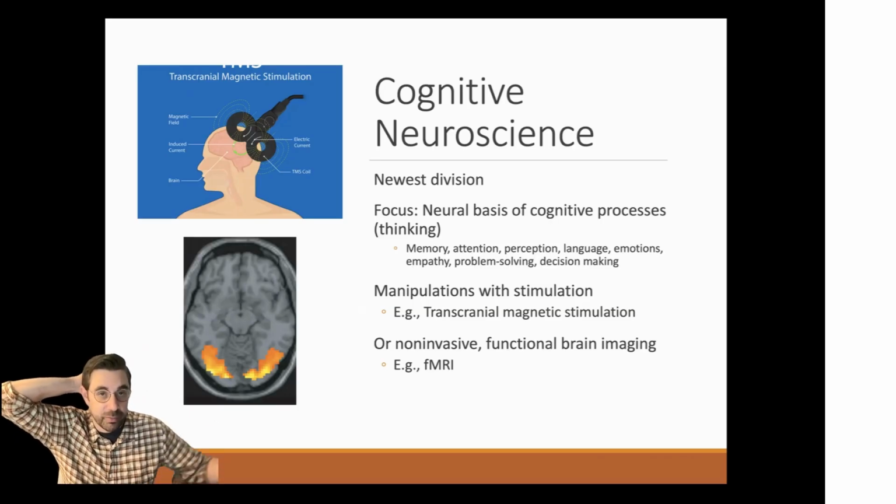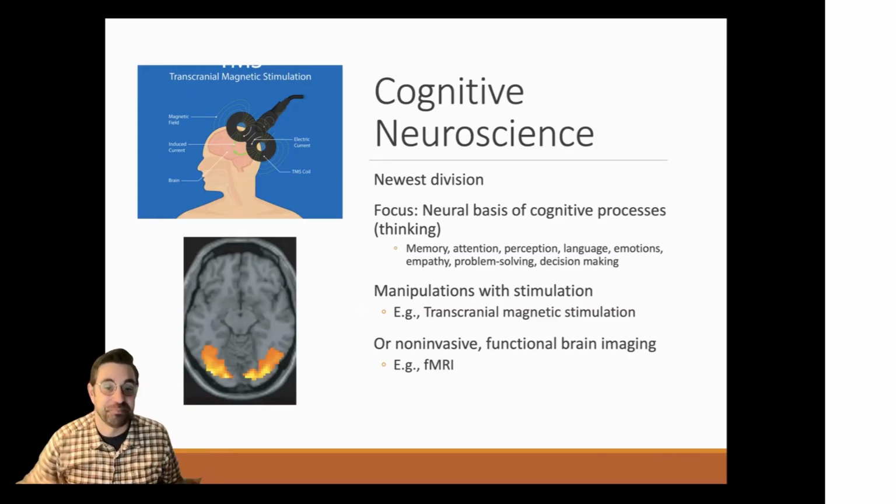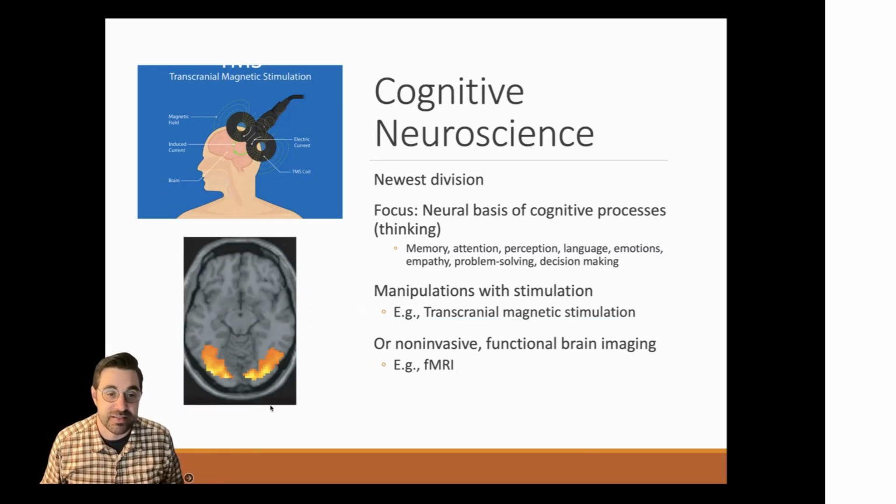If I turn off that part of the brain, you might not see things, all right? This is a visual center. Or I'm sure you're aware of functional brain imaging like fMRI scans. So these scans here are part of cognitive neuroscience. I'm having humans think about things, do a cognitive task of some kind, and then measuring what's going on in the brain.